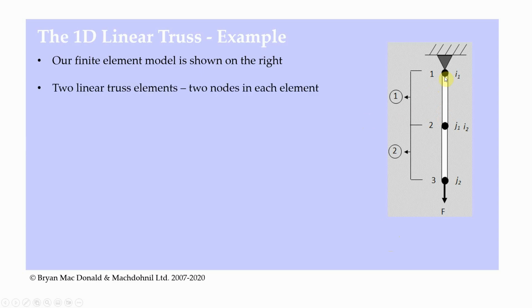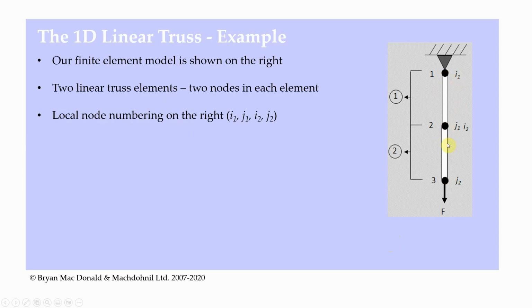We've two linear truss elements. Again, a linear distribution in each element means two nodes in each element, one at each end. The local node numbering is shown on the right. If I look at the first element, element number 1, its I is up here and its J is there, so I1 and J1.